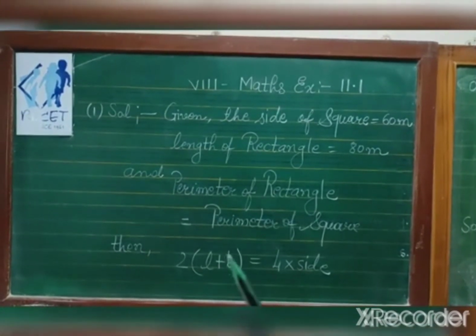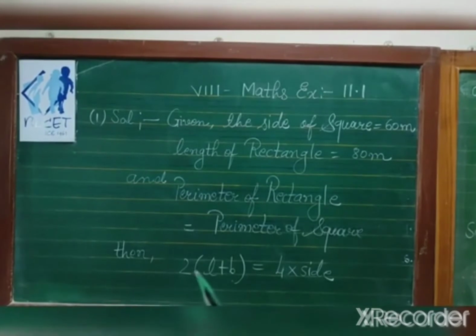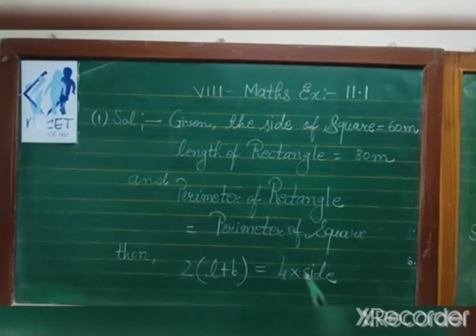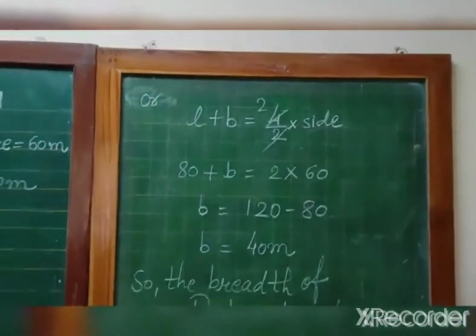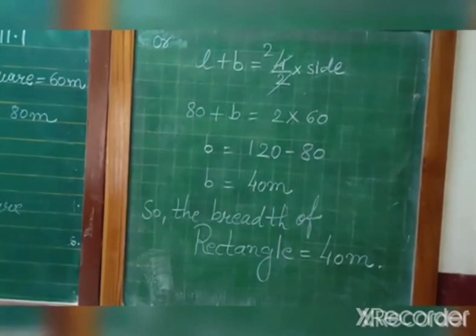Here you can see out of the bracket 2 is there, and between 2 and this bracket there is a multiplication sign, and opposite of multiplication is always divide. So we can write L plus B is equal to 4 upon 2 side. Okay.